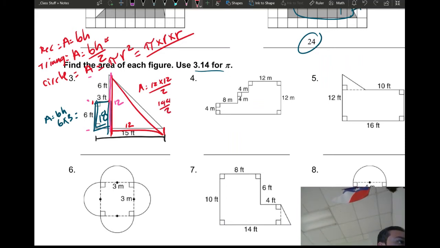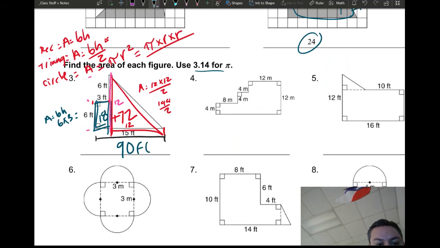When you divide by 2, you get 72. So the area of this one is 72. To find the total area, all you gotta do is add these two. 72 plus 18 gives you 90. So the area for this composite figure is 90 feet squared.